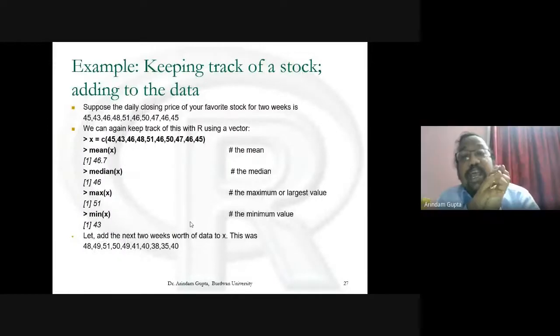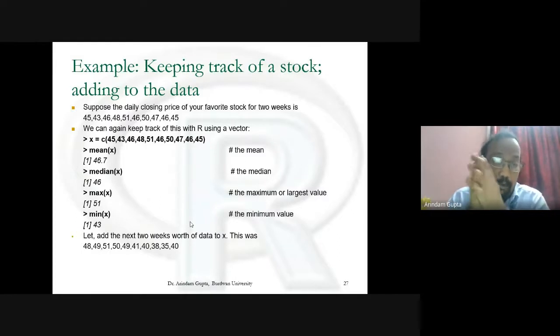Example, keeping track of a stock, adding to the data. Suppose the daily closing price of your favorite stock for 2 weeks is 45.43 like this. We can again keep track of this with R using a vector.